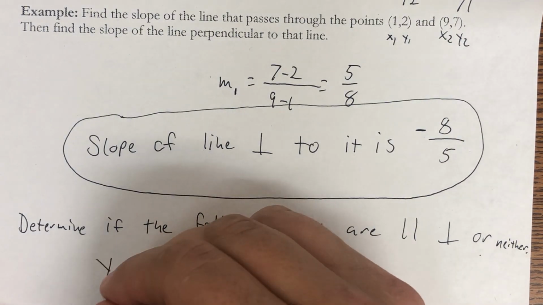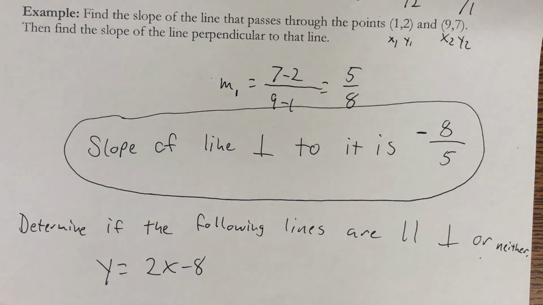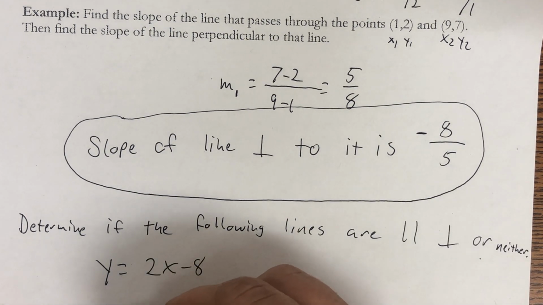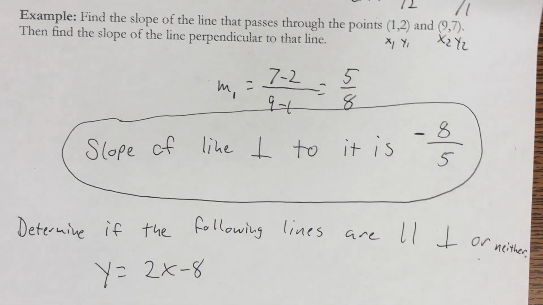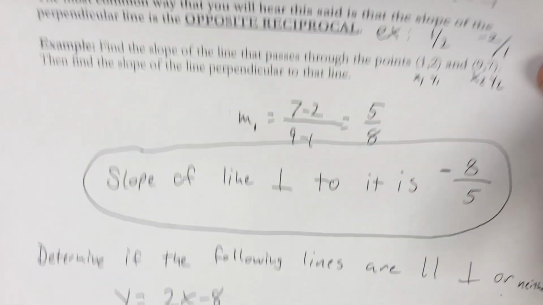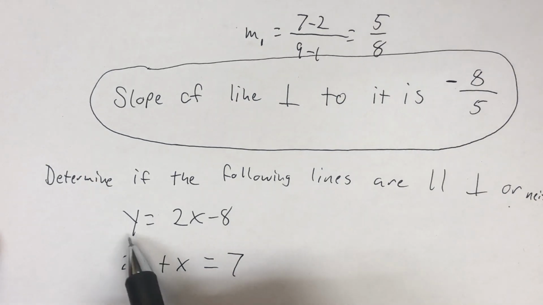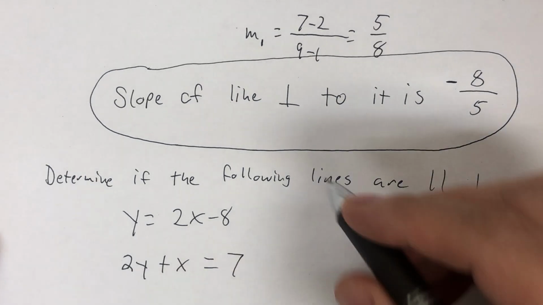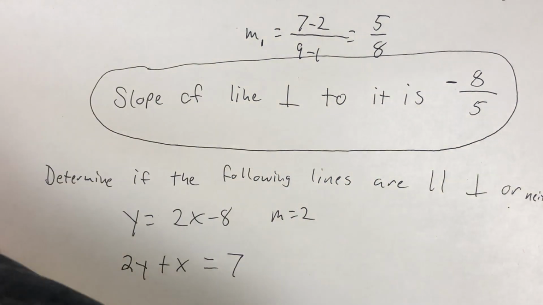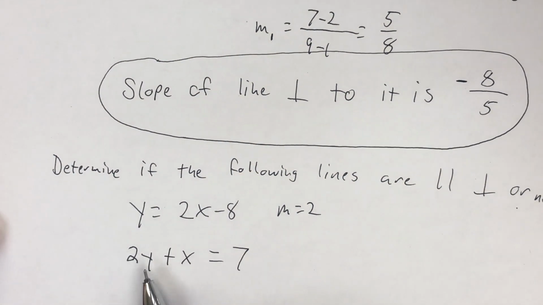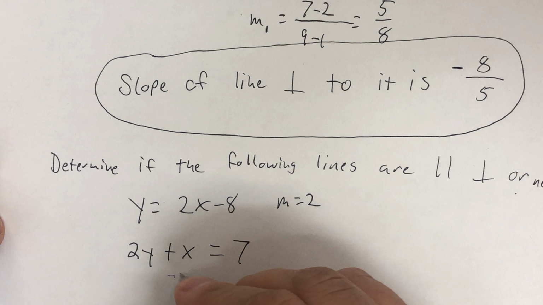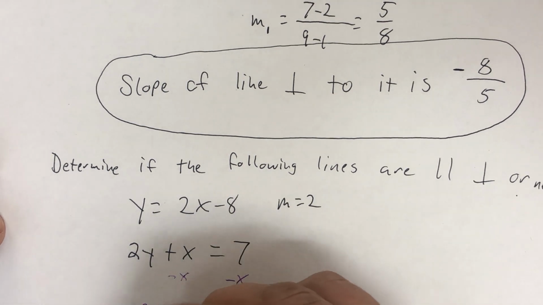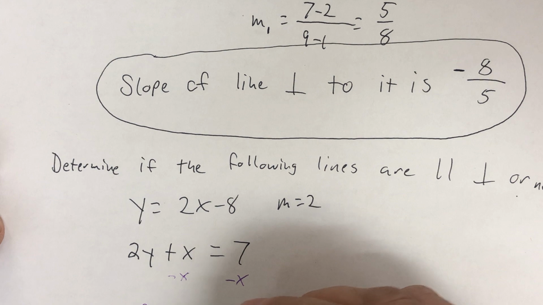So I'm going to pick the first one as y equals 2x minus 8. And then our other line is going to be, let's go with 2y plus x equals 7. When I take a look at the first line, I need to identify the slope. The slope of this one is 2. Now, for the bottom one, I can't identify the slope of this line until I isolate y. I need to put it in slope-intercept form. So to isolate y, I subtract x from both sides, and I get 2y equals negative x plus 7.